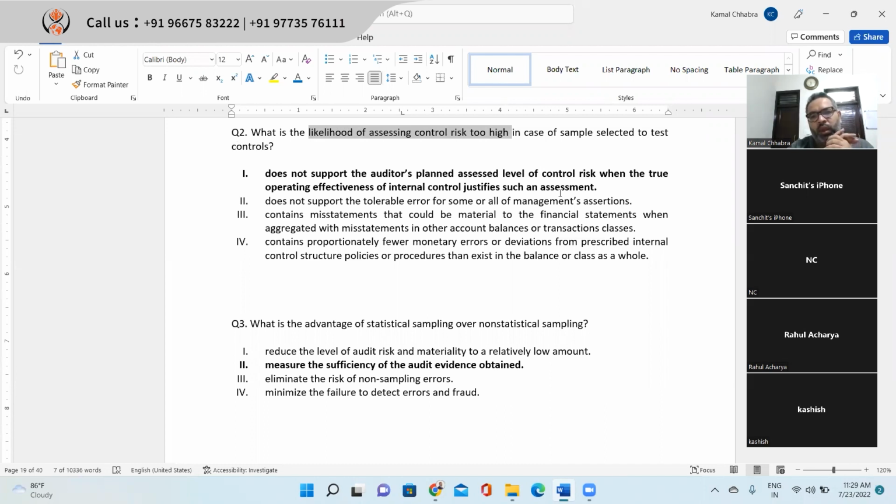So when we don't rely on controls? Yes, when you are not planning to rely on control. So like when there are exceptions or deficiencies noted while you are testing, when there are exceptions in your sample testing.